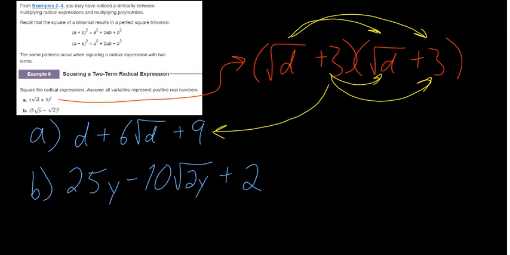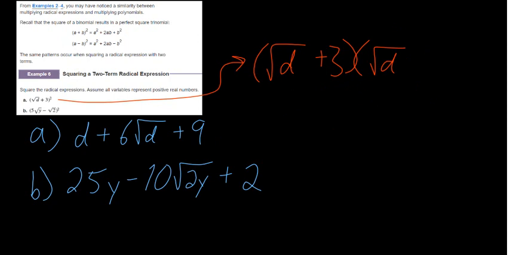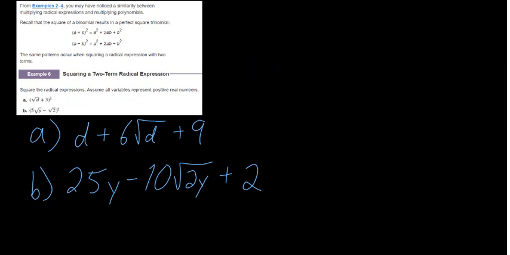I do want you to memorize our formulas, but if you're not there yet, if you don't feel comfortable yet, you want to take things slow, go ahead and write out those 2 binomials and FOIL. But this is so much better. You'll be proud of yourself.